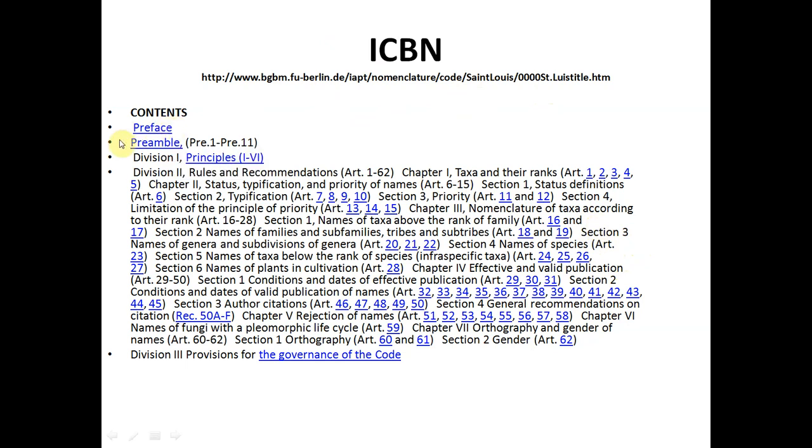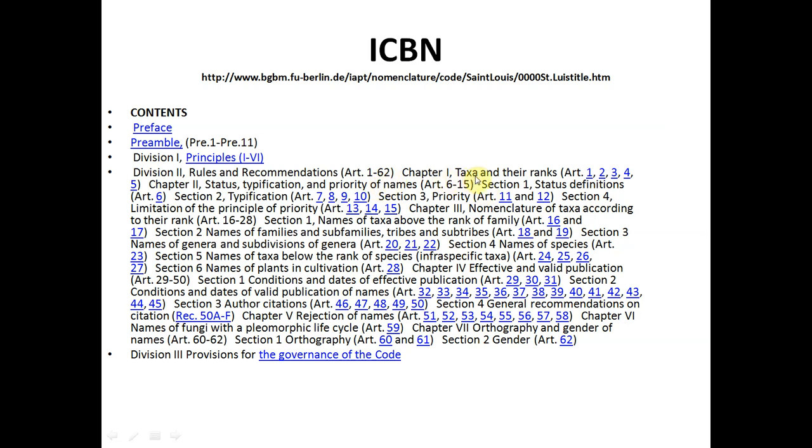This is the website where we can find the rules, articles and chapters related to ICBN. Here it contains the preface, preamble, and in division 1 they kept the principles of ICBN, 1 to 6. International Code of Botanical Nomenclature, main principles 1 to 6, and in division 2 they kept the rules and recommendations from article 1 to 62.